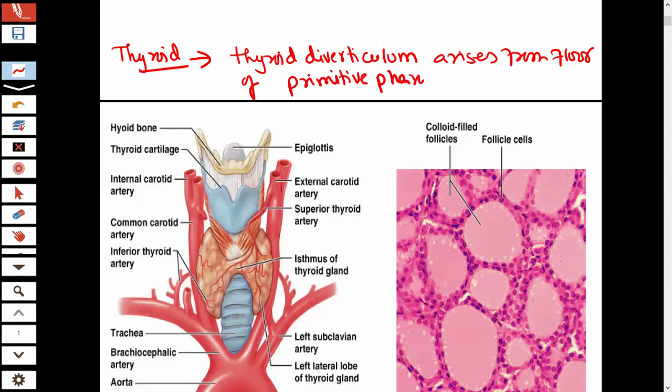I will tell you why it is important. From the primitive pharynx, it then descends into the neck region.